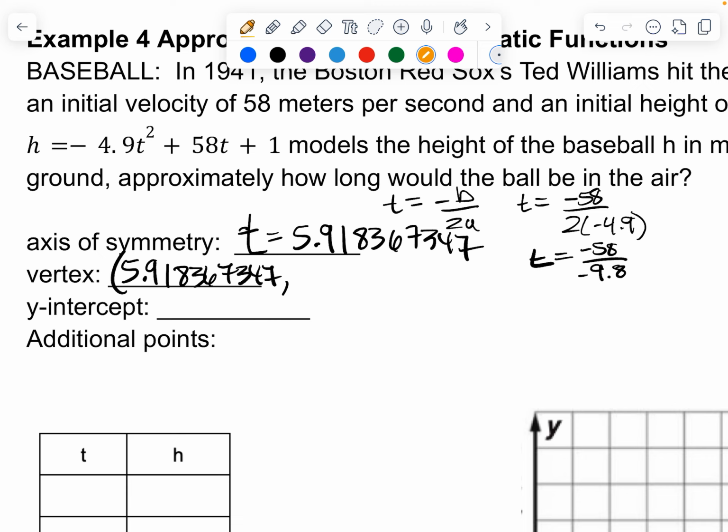I'm going to get 172.63265331. The y-intercept, remember, plug in 0, or this should be the h-intercept. 0 for all the t's, and you would get 1.